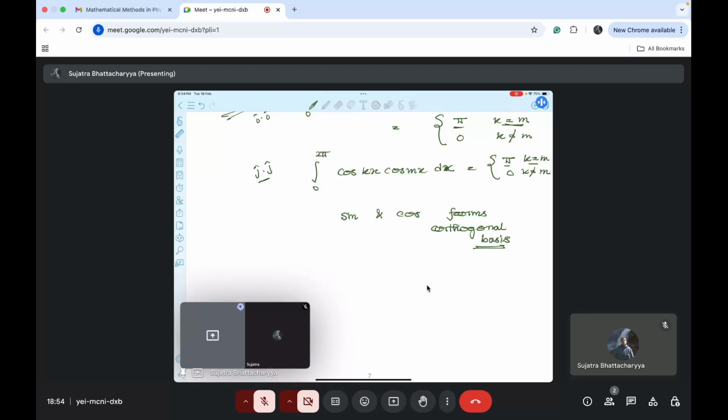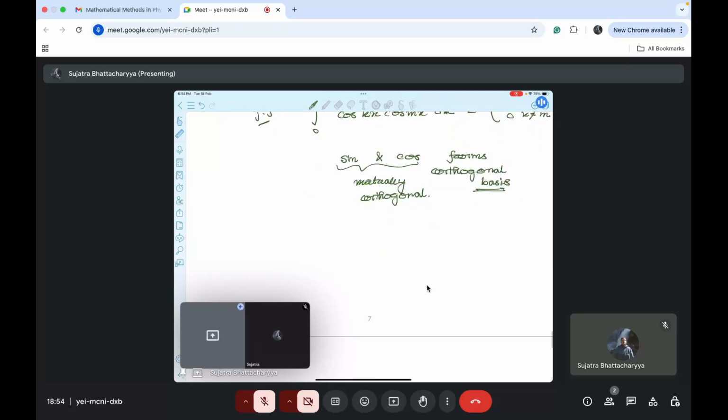Sine and cos are mutually orthogonal, and that's why we can write any non-sinusoidal periodic function, under certain conditions being followed, in terms of sines and cosines. Why? Because they are mutually orthogonal. They form some kind of a basis.